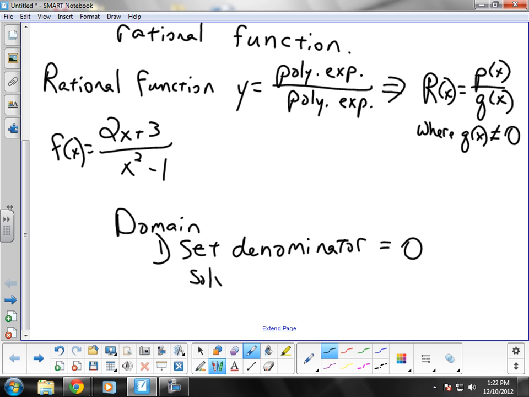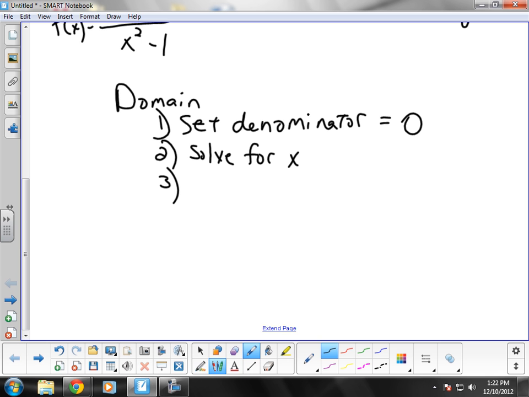Solve for x. And then the domain will always be all x's except the answers from step 2.